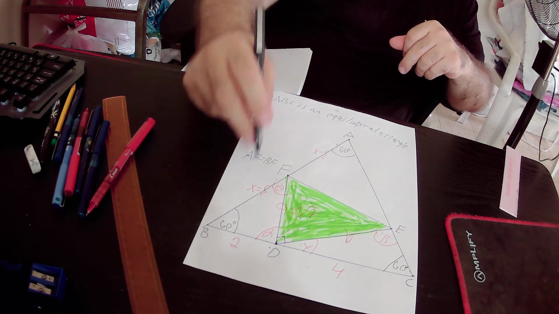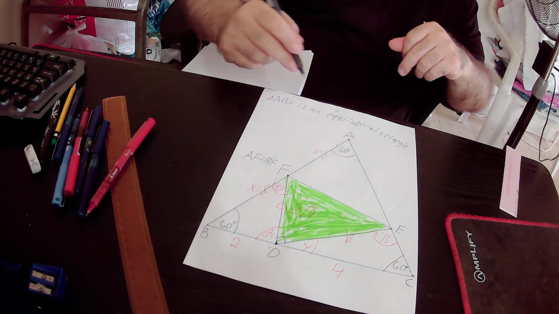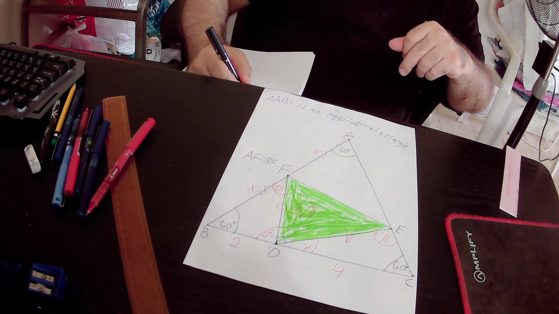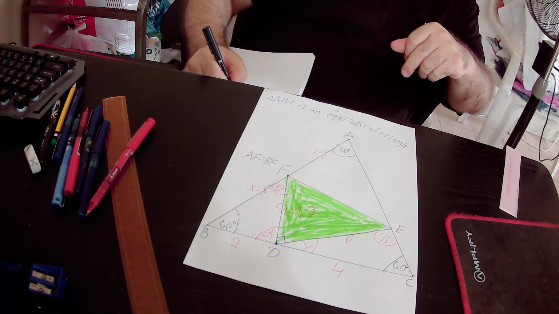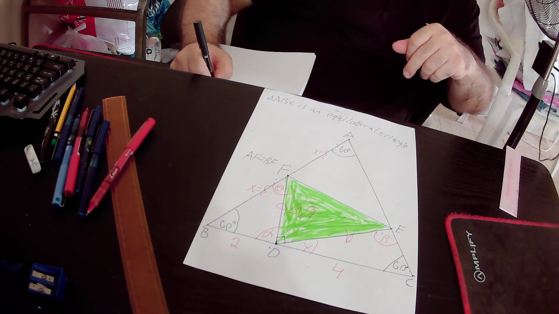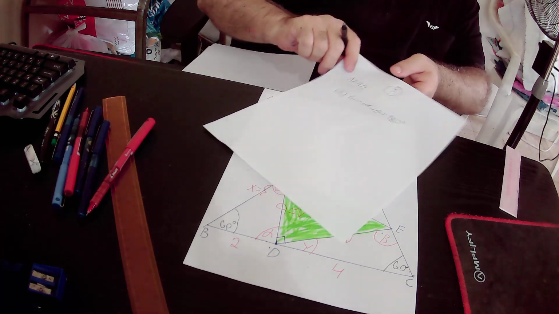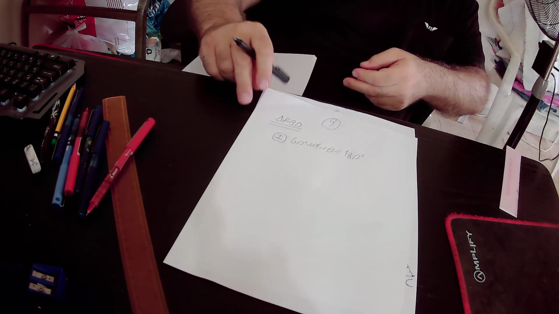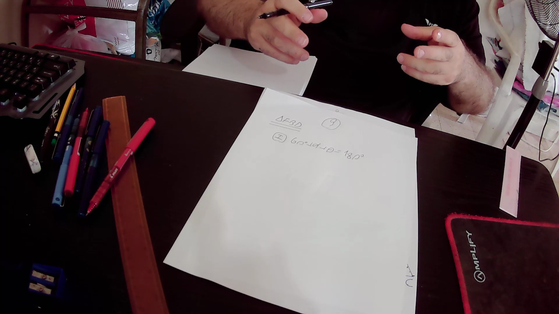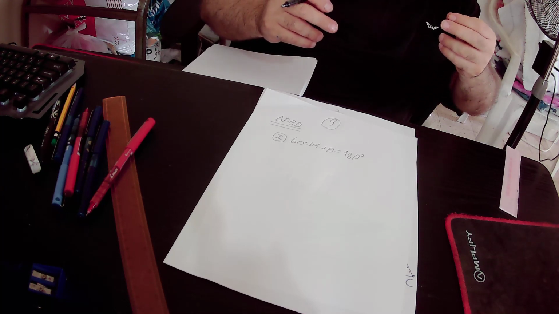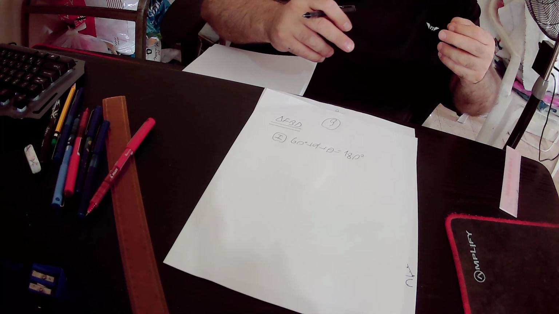So 60 degrees plus alpha plus theta equals 180 degrees. That will be our first equation. It states that the sum of the angles in the small triangle FBD equals 180 degrees.